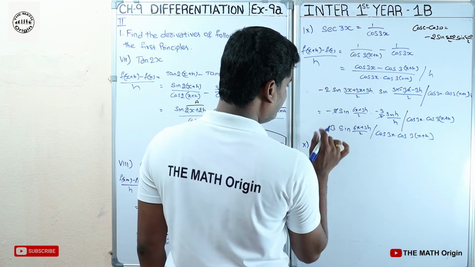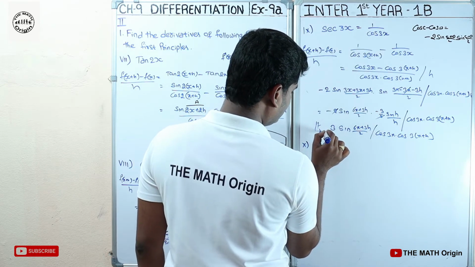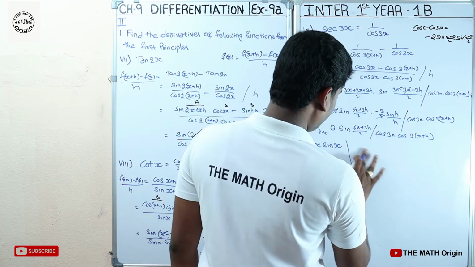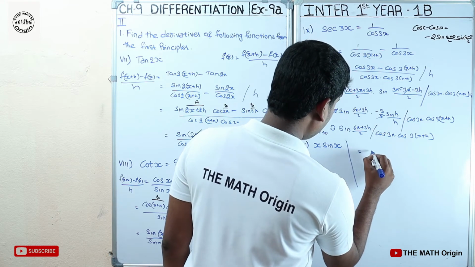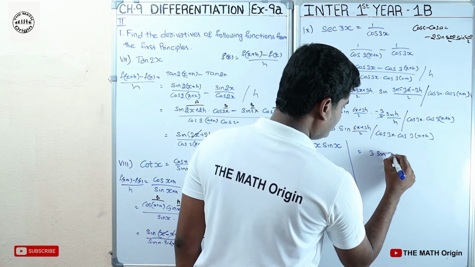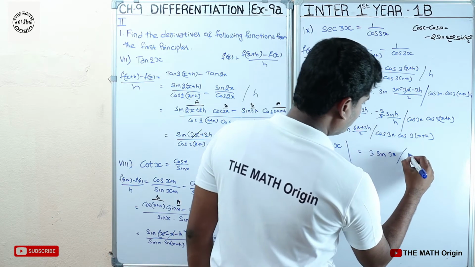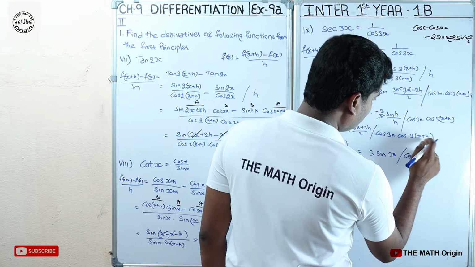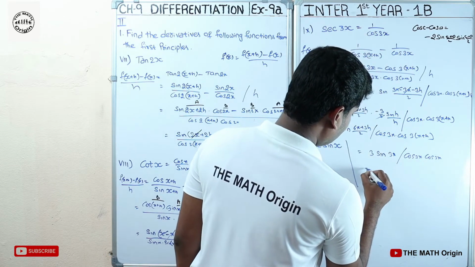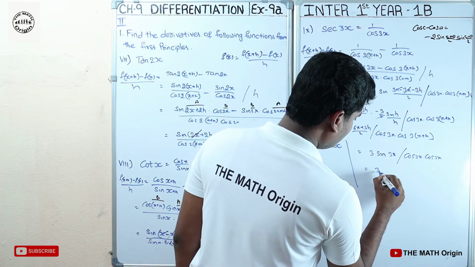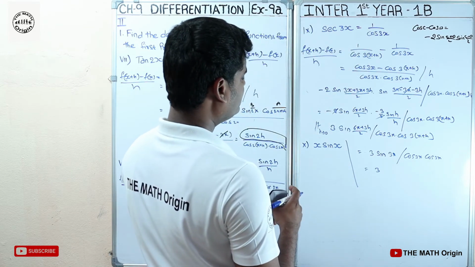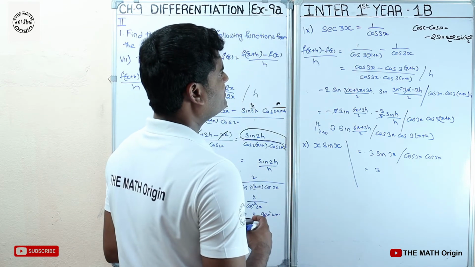Now let's apply the limit h tends to 0, therefore that is equal to 3 sin of (6x plus 0)/2, which will be 3x, whole divided by cos 3x into cos of (3x plus 0), therefore it is cos 3x. Therefore that is equal to 3 into secant x.